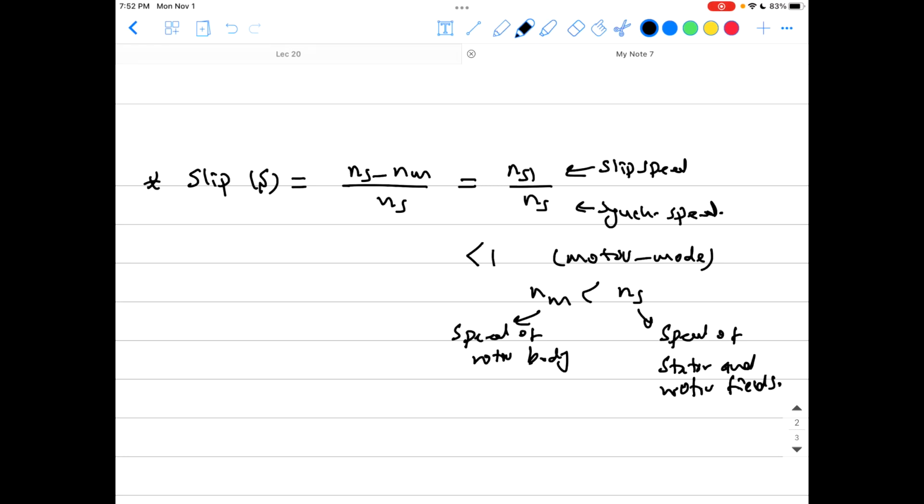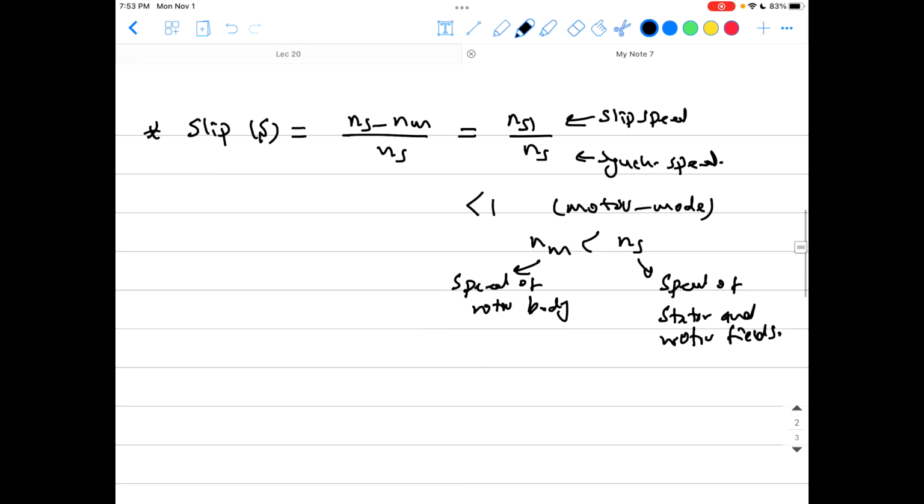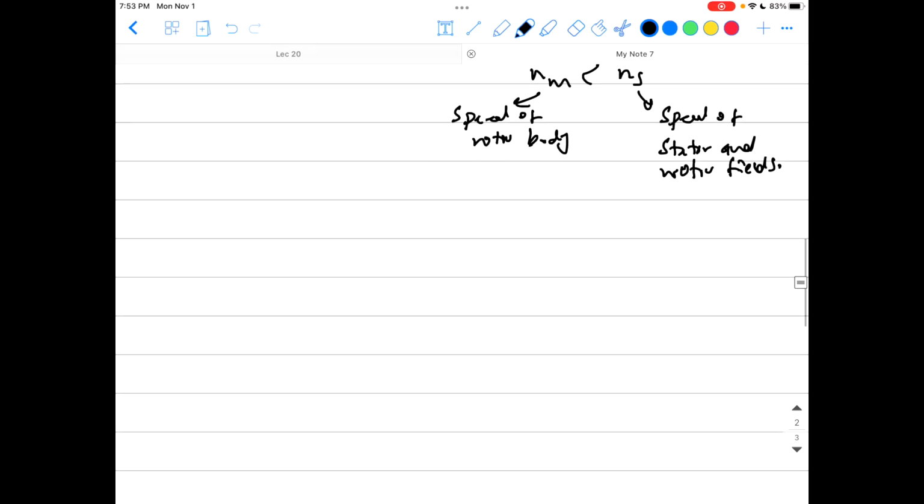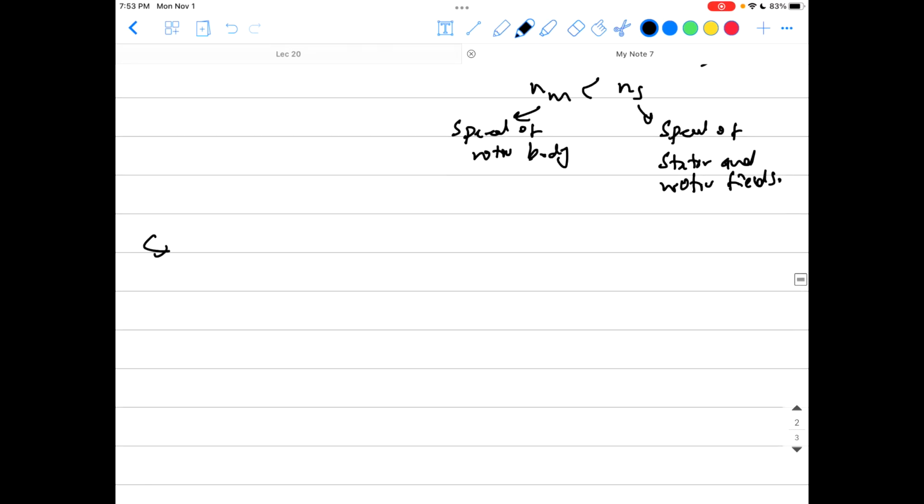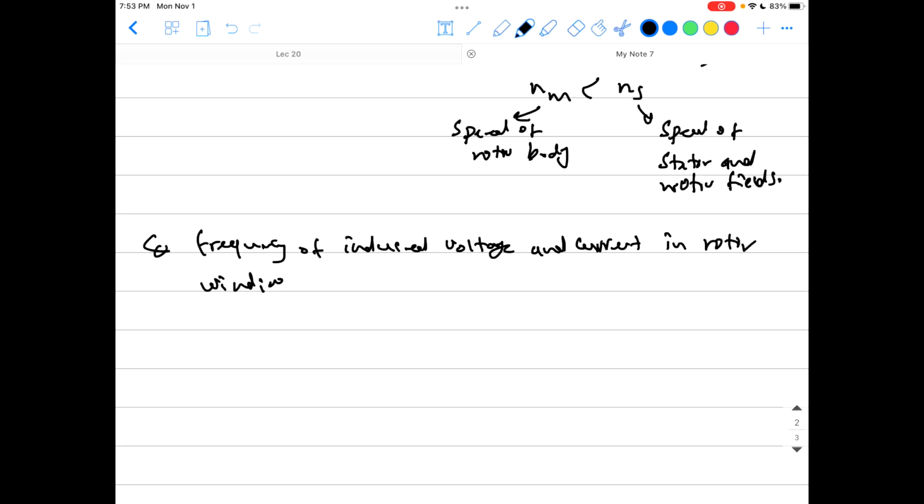So this slip quantity is very, very important to know. And this leads you to define the frequency of the rotor, the frequency of the induced voltage and current in the rotor winding. I'm going to call it Fr, which means F rotor.